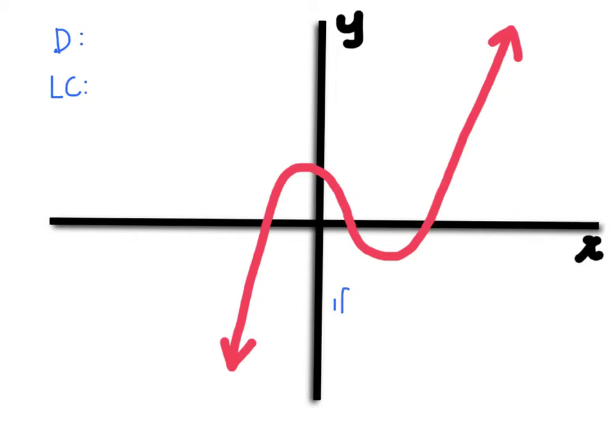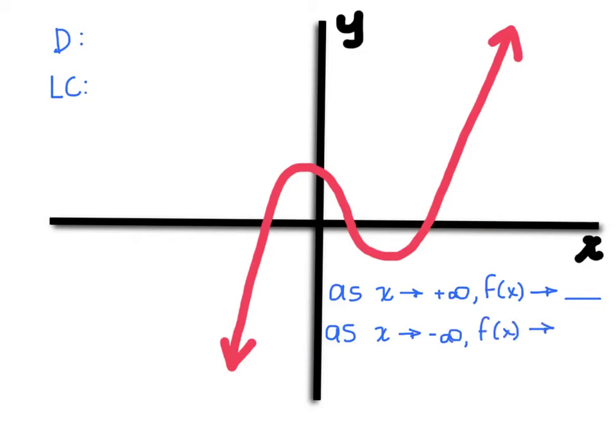As x approaches positive infinity, what does the function approach? And as x approaches negative infinity, what does the function approach? I always go at it from the x because that's my input.